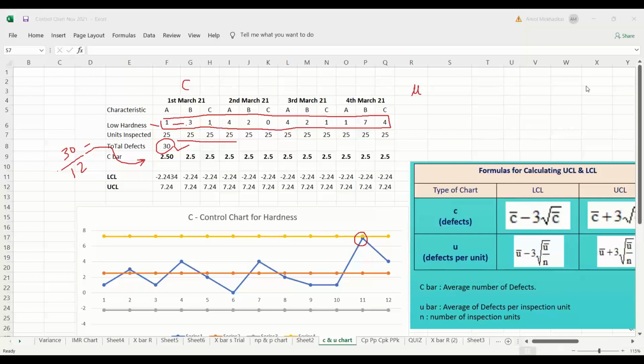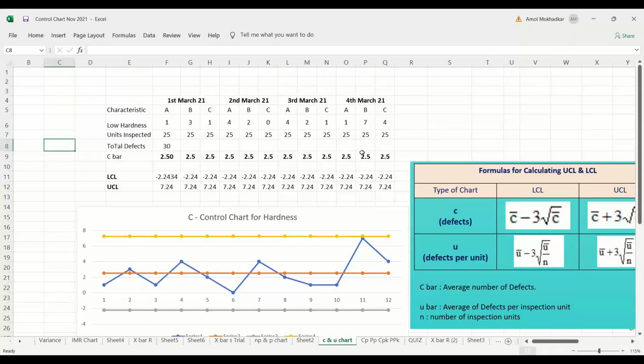Now you got the value of C bar. Then you can easily calculate the LCL and UCL. A very simple formula. So just check whether the answer is same or not. The formula here is C bar minus 3 into under root of C bar.